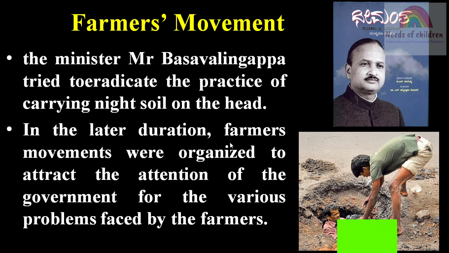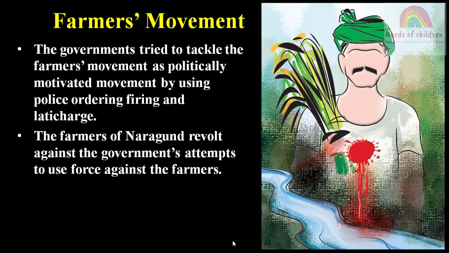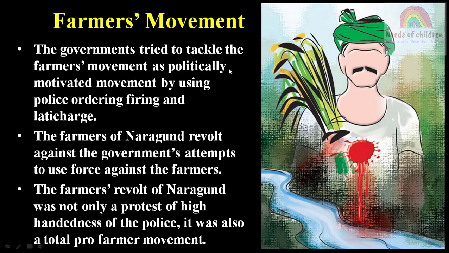In the later duration, farmers' movements were organized to attract the attention of the government to the various problems faced by the farmers. The government tried to tackle the farmers' movement as a politically motivated movement by using police, ordering firing and lathi charge.